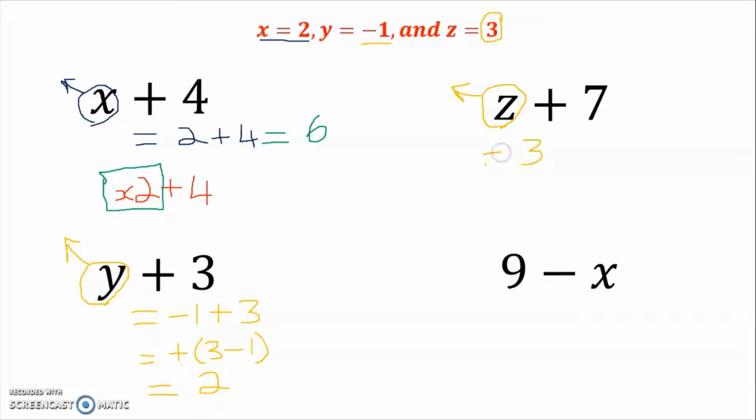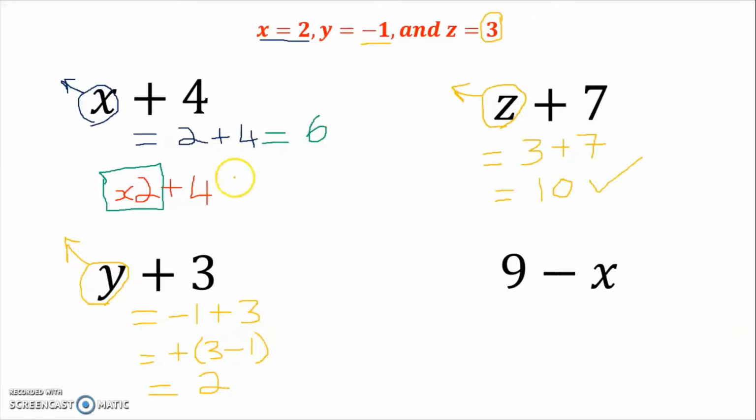So z plus 7 is equal to positive 3 plus 7, because z and a positive 3 are the same thing. And 3 plus 7 is 10. So the value of the expression z plus 7 equals 10, and that's your answer.